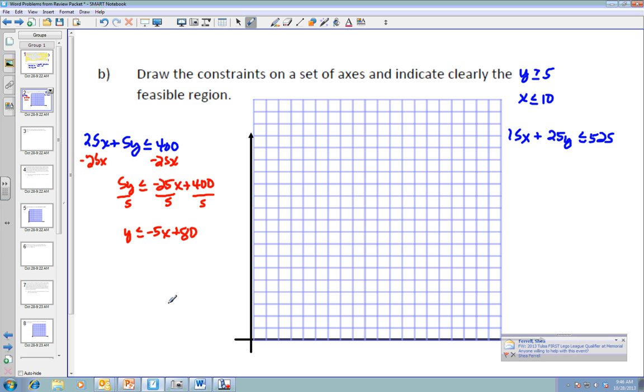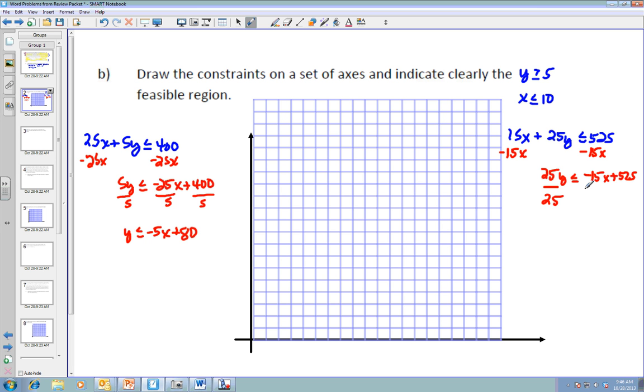I'm going to do the same thing over here, solve for y. I'm going to subtract 15x. 25y is less than or equal to negative 15x plus 525. Divide by 25.